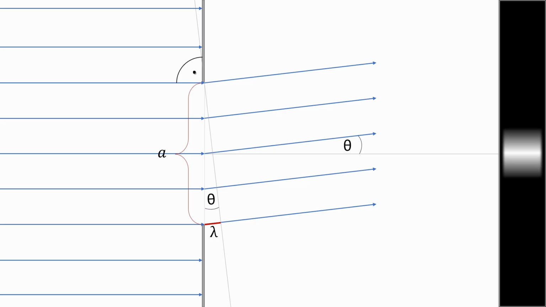By examining the resulting right triangle, we can state that sine theta equals lambda over a, opposite side over hypotenuse. Consequently, the optical path difference between the bottommost ray and the ray in the middle is precisely lambda half. These rays are in opposite phase and cancel each other out.